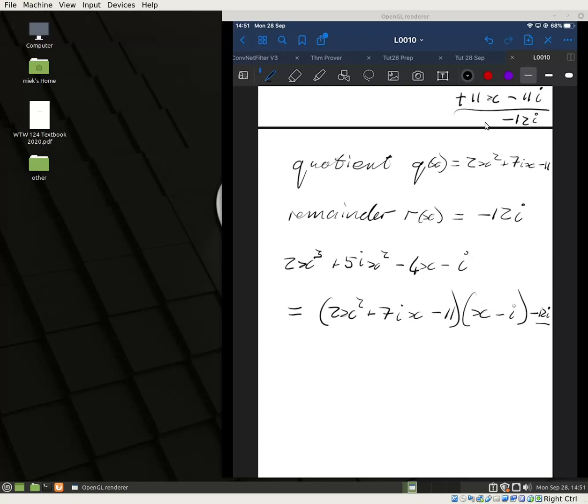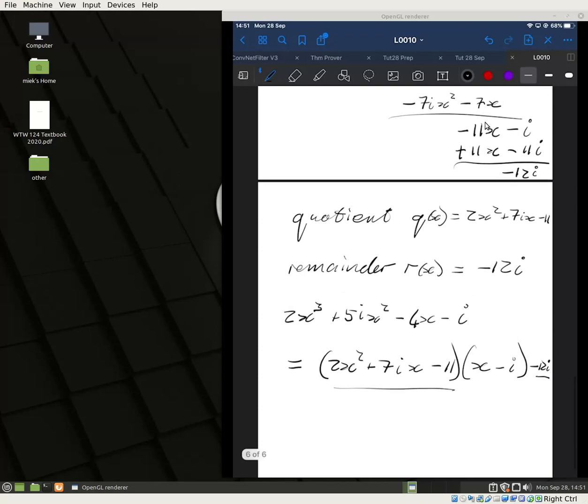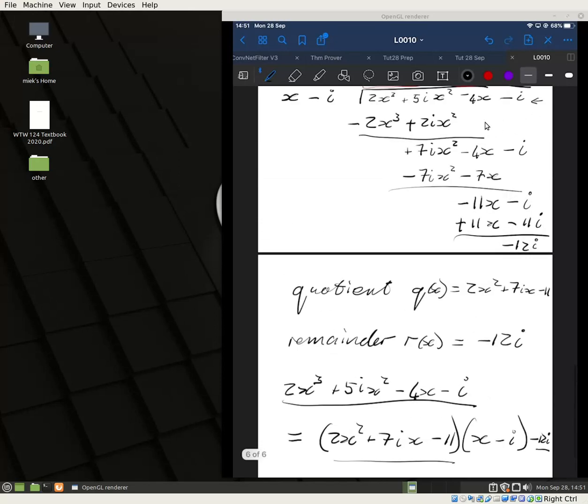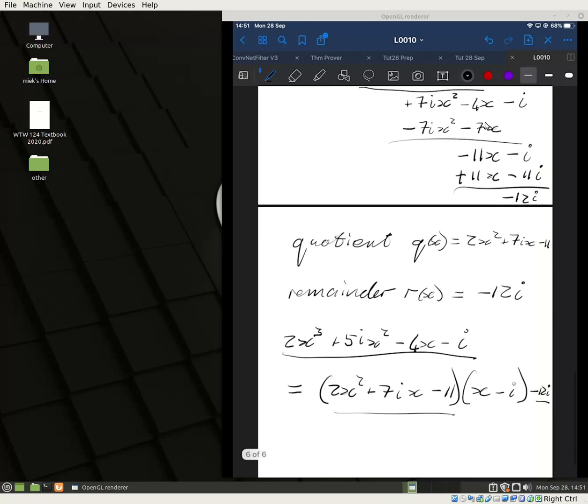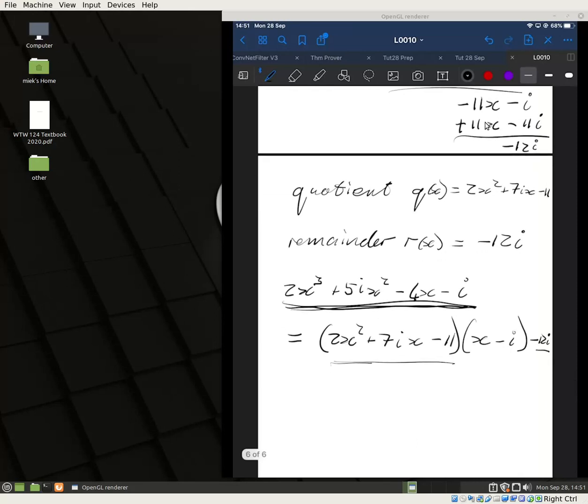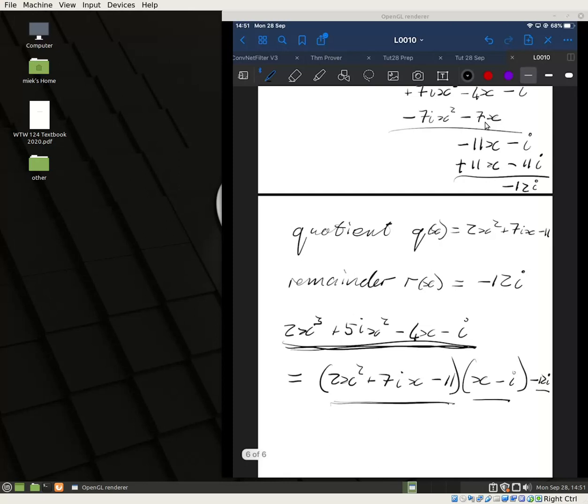So here we've got the remainder, and here we've got the quotient. And the polynomial that we divided is equal to the quotient multiplied by the divisor plus the remainder.